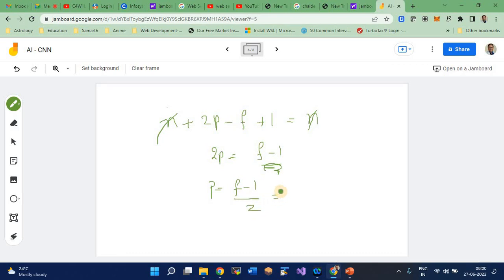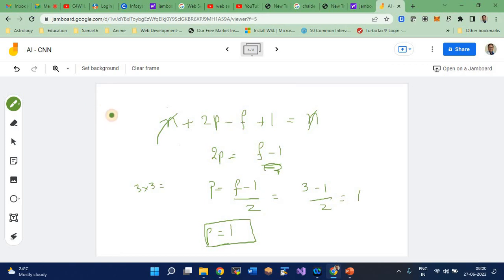Now let's say the filter is 3 by 3. How much padding do I need? It is 3 minus 1 divided by 2, which would be 1. So that means the padding should be 1 if I need to get the same convolution.